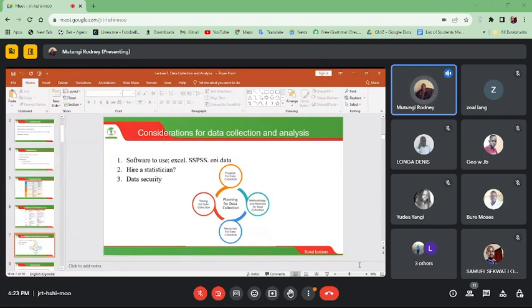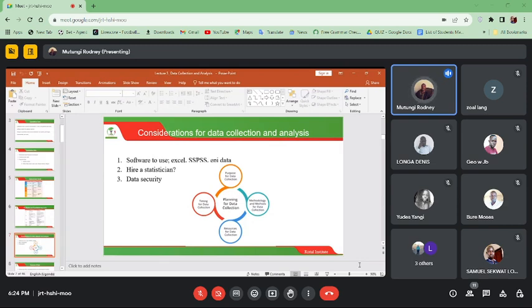Of course, you do sampling, and we are going to look at how you can sample in the next session. But after collecting the data, there are always some mistakes here and there. Maybe you forgot to ask a question and now it is blank, so you cannot go back to the field. There is always a way to eliminate such an error, and that is what we call cleaning.